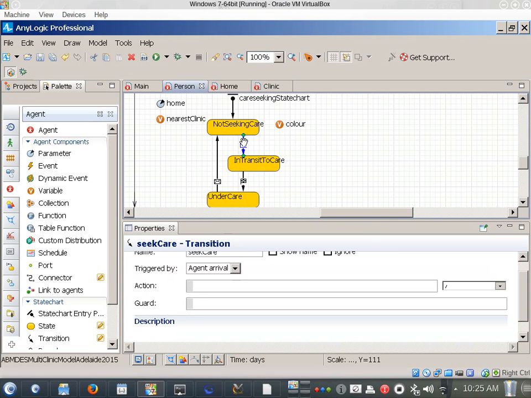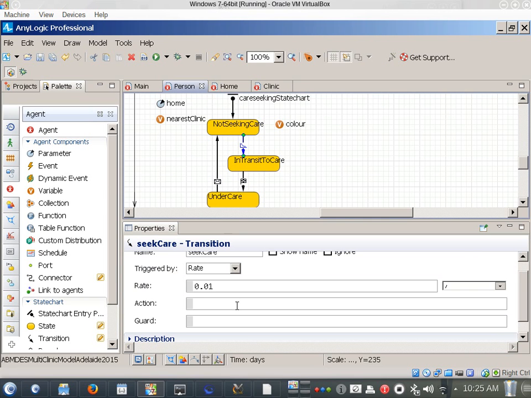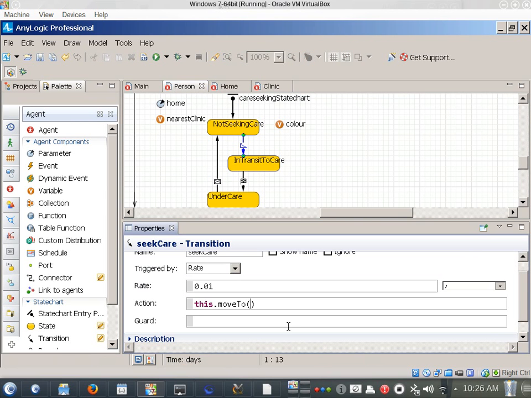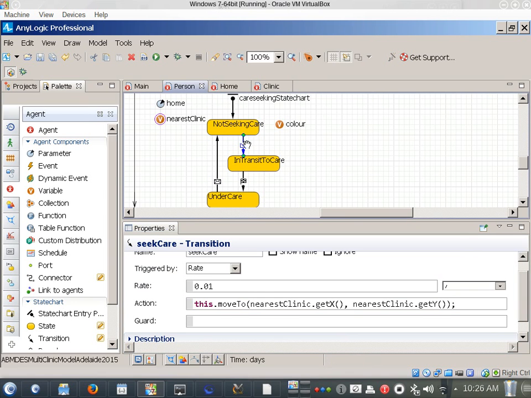This transition here, we're going to set so that there's an action associated with it, which is this.moveTo nearest clinic.getX, nearest clinic.getY. So for this transition, not seeking care to in transit to care, I'm going to change its rate to be 0.05.